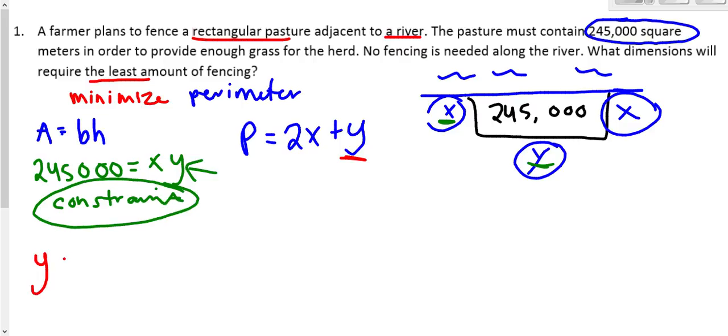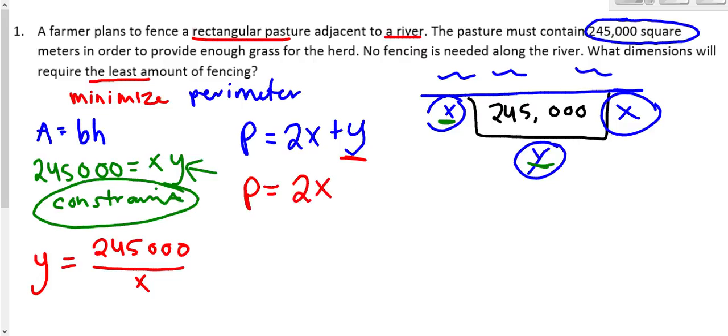So y is just 245,000 divided by x. So I'm going to plug it in up here so that I can have one variable. So this is 2x plus 245,000 over x. Now that it's in one variable, I will take my derivative. So the derivative of p is equal to 2x. The derivative is 2.